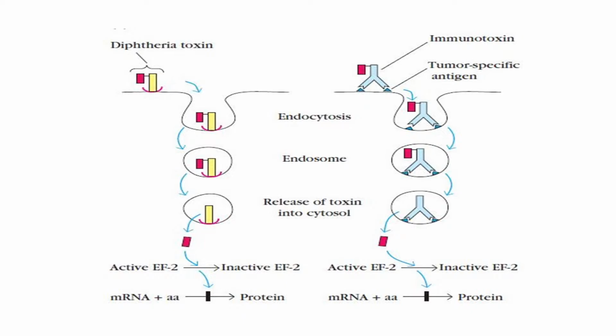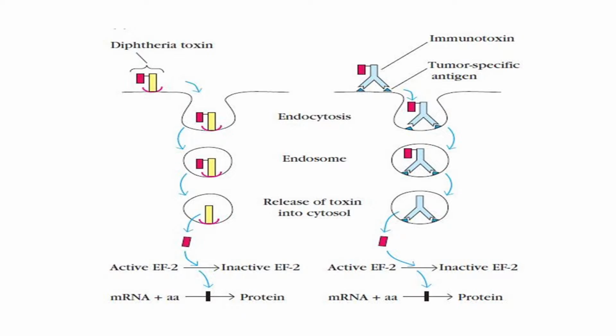And when we come to the immunotoxin, the mechanism is exactly the same. These immunotoxins are the monoclonal antibodies that you can see here. They're highly specific to the cell surface receptor present on the tumor cell, the tumor specific antigen. This antigen is the target of your immunotoxin. So your immunotoxin comes and binds to that tumor cell. The same process, endocytosis, occurs and an endosome is formed, and the toxin chain attached to your monoclonal antibody is released, and this will inhibit protein synthesis in the tumor cell.